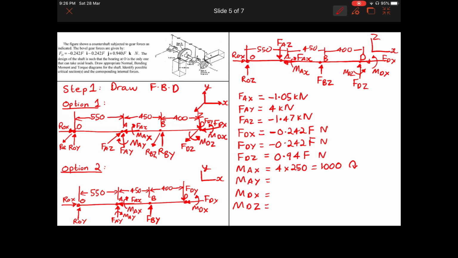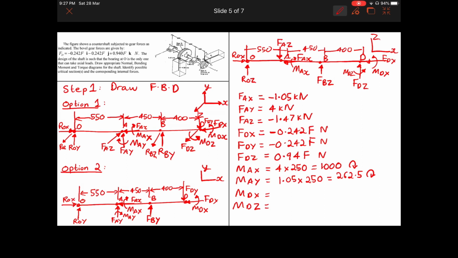MAY is caused due to the x-axis force about the y-axis. So that would be 1.05 times 250 as well. So that's going to be equal to 262.5, and this is also clockwise. MDX and MDZ.